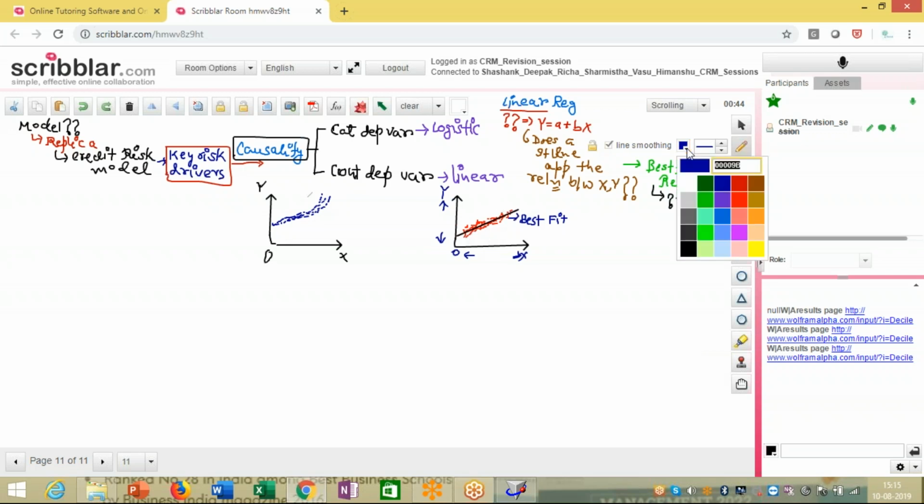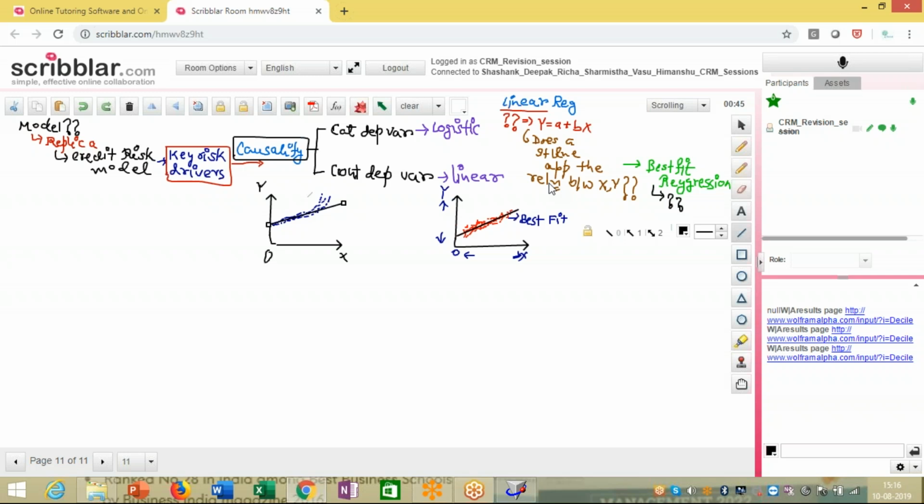Now let's say I put a straight line over here. Now can I call this straight line the best fit line? Now most probably no. The reason being that this straight line cannot actually approximate the observed relationship between x and y. So what it means is that this relationship between x and y is not linear.